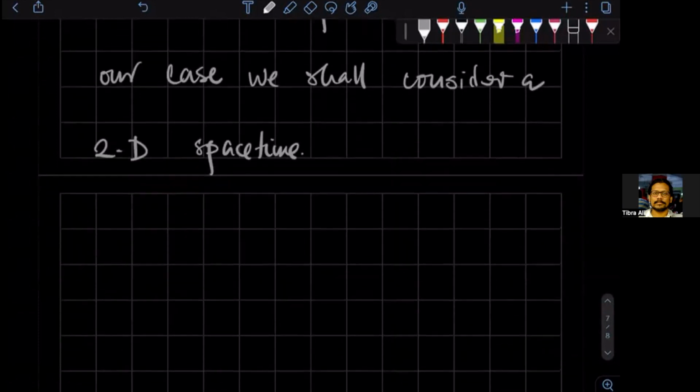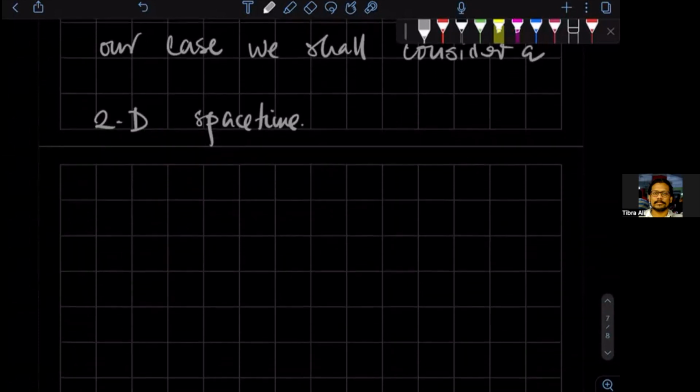Okay, so now let's draw a picture of the space-time. So this is the time axis, and this is the space axis.